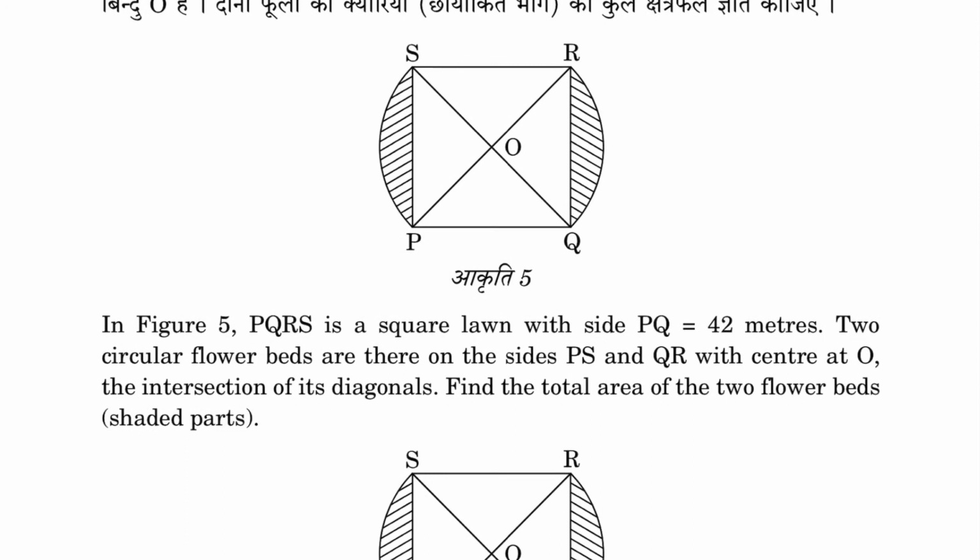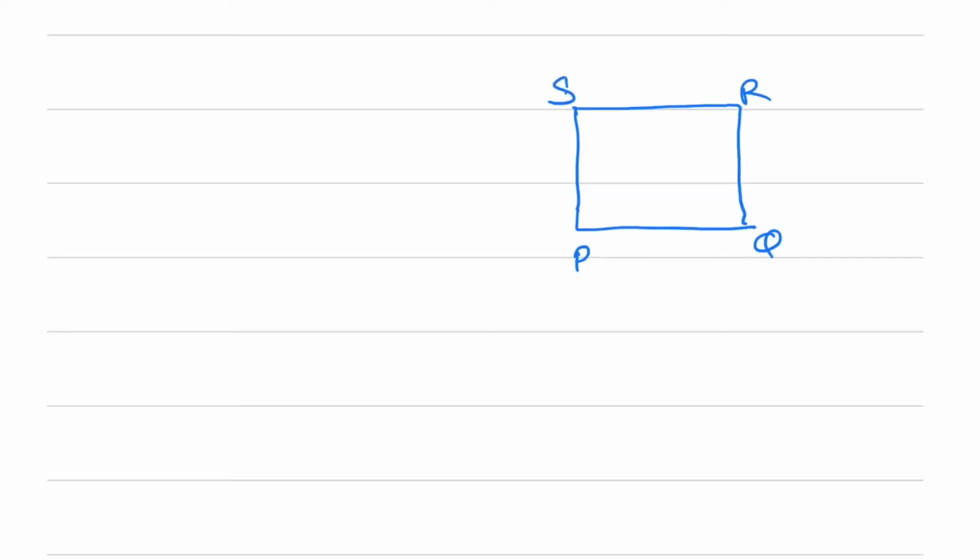Question number 24. The question is based on areas related to circles, and in this question we are given a square PQRS and each side is equal to 42 meters, and we have 2 circular flower beds on the sides PS and QR with center O, which is the intersection of the diagonals of this square, and the shaded part.